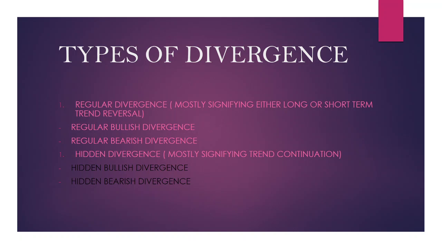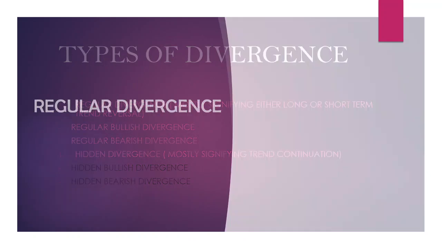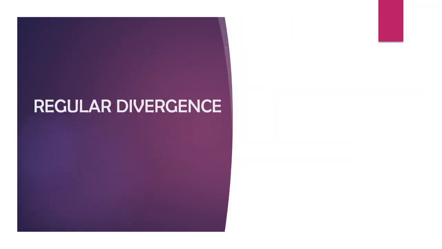We also have two types of hidden divergence, the hidden bullish divergence and the hidden bearish divergence. Today we are going to be talking about regular divergence. In my next video I'm going to be explaining what the hidden divergence is. So for today, let's just focus on the regular divergence.